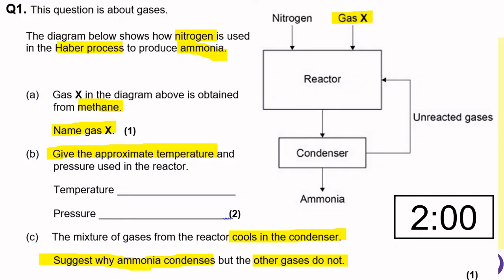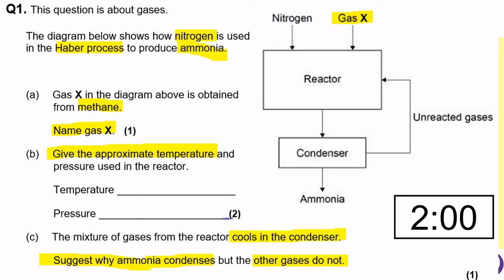So we're going to start looking at some exam questions on this now. The diagram shows how nitrogen is used in the Haber process to produce ammonia. So we've got nitrogen going in with gas X into the reactor. We've got a condenser, ammonia, and then unreacted gases going back in.